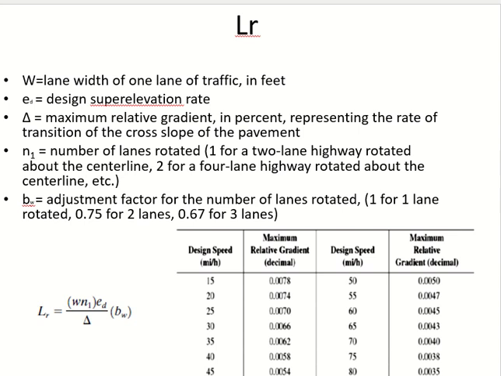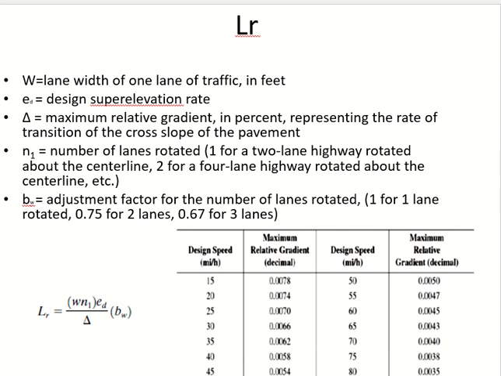Each side will be considered separately, so N1 will again be 1, because we are still considering 2 lanes at a time, because of the median.